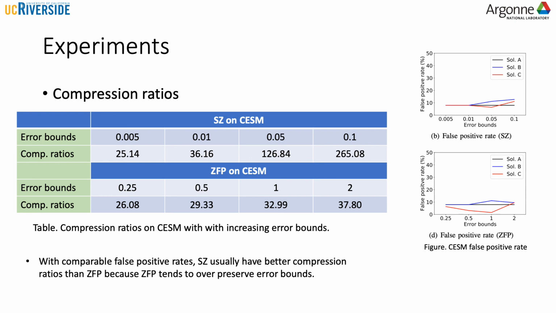This is because ZFP tends to over-preserve the error bounds, while SC does not. This finding is applied to CSM, Flash, and EXALT dataset, but not the NEC5K dataset, where ZFP compressor has better compression ratios than SZ.